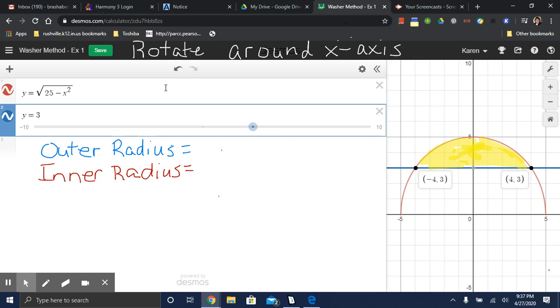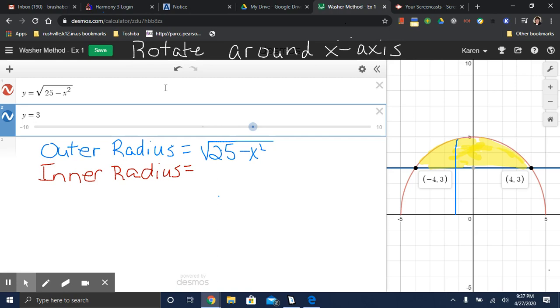This outer radius is measured from the axis of revolution up to and through the region. So it's the region and the hole. And for this problem, that would be defined by the square root of 25 minus x squared, that semicircular region.